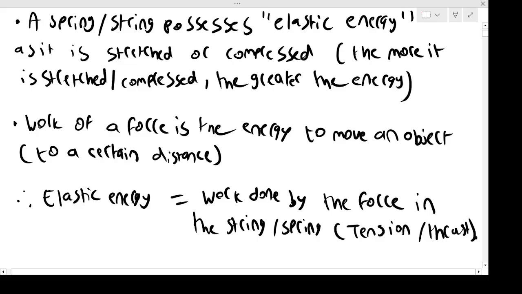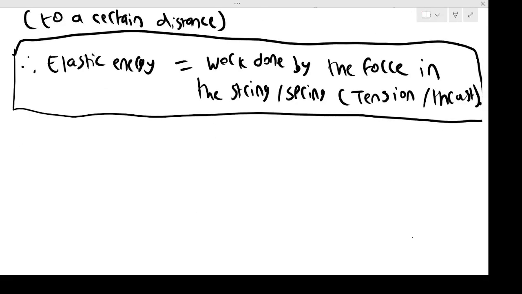So there we are. Okay, so if elastic energy is effectively the work done by the tension and thrust force, then can't we calculate the elastic energy by calculating the work done by the force, right? So can't we just use the formula work is force times distance to work out the work of the tension force and therefore the elastic energy that way?